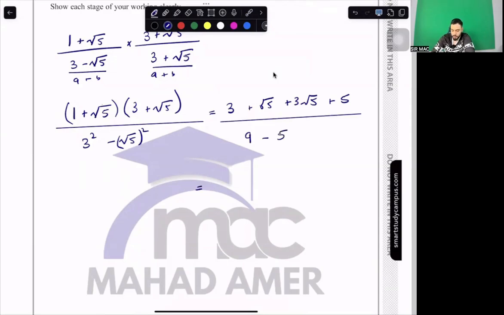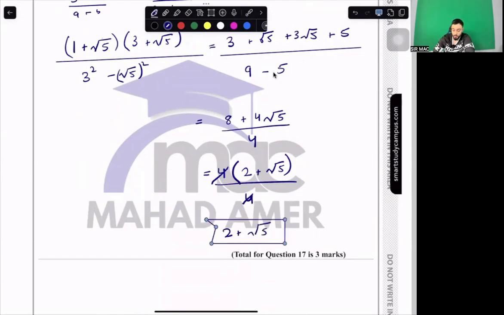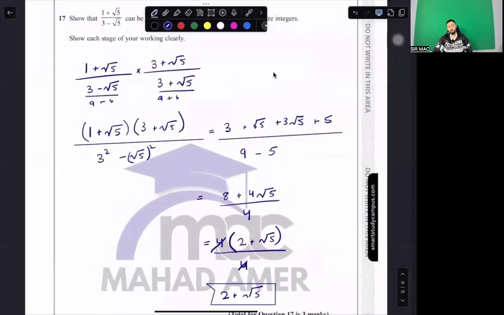So it's going to be 3 plus 5, that's 8, plus 4 root 5, over 4. From the top, I would take 4 as common: 4 times 2 plus root 5 over 4. The 4 cancels, giving 2 plus root 5.